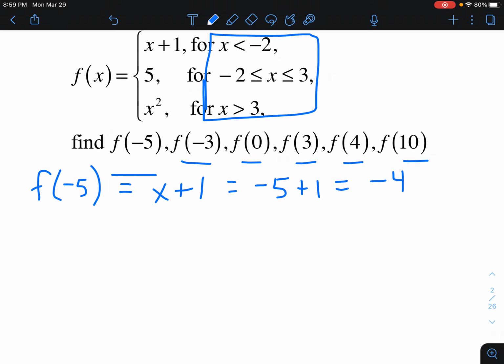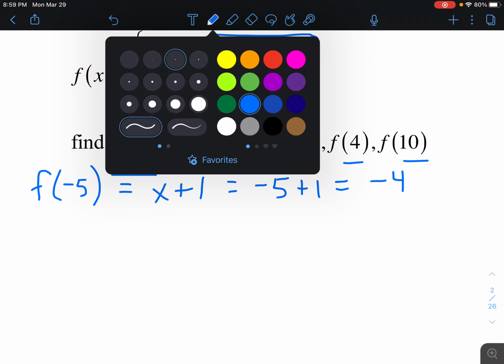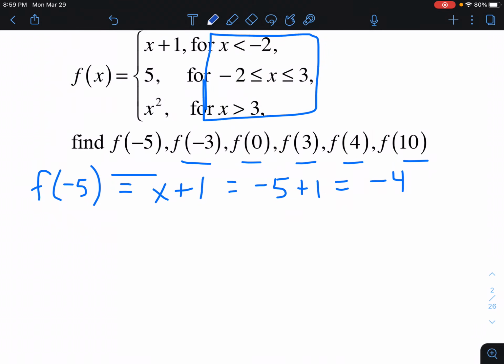Now let's move on to another one. Now we're going to do f of -3. Look at your first inequality. -3 is less than -2, so I will use x plus 1 again.